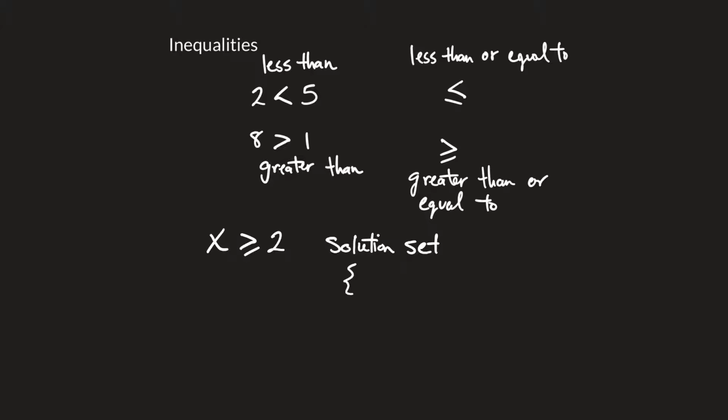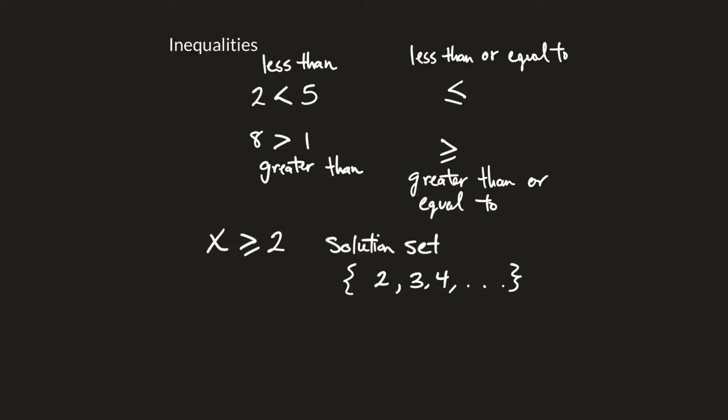Isn't 2 greater than or equal to 2? We can substitute it in here, and 2 is greater than or equal to 2. It's equal to 2, so it fits. And then what else could we do? We could have 3, we could have 4, and any number greater than that, that is our solution set.